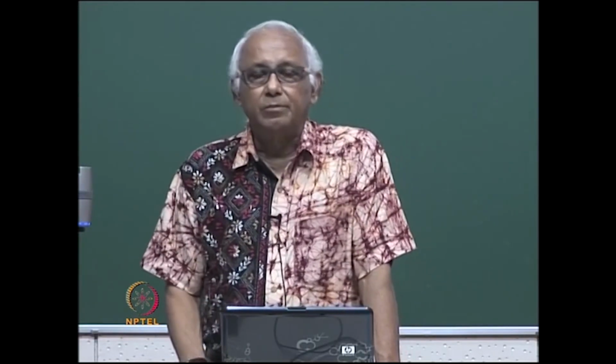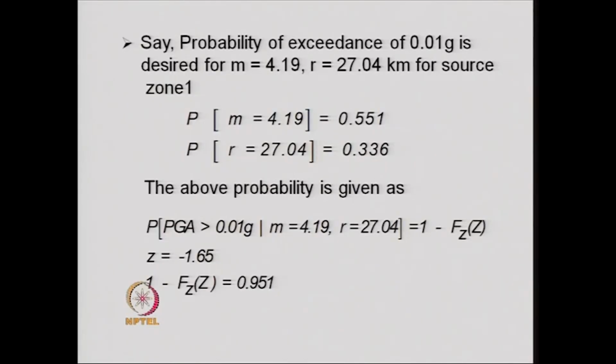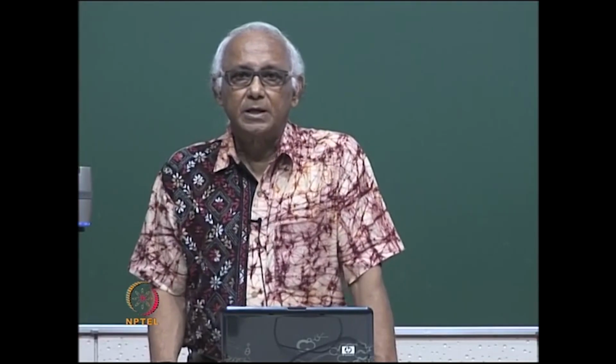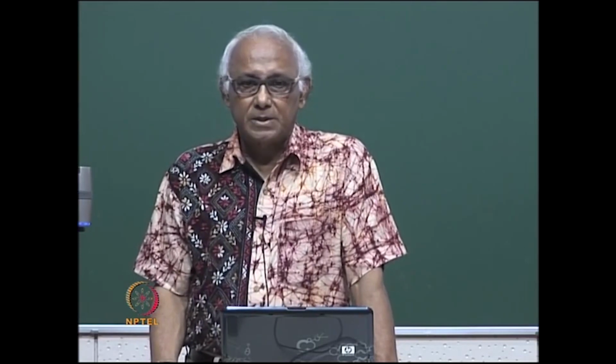And there are standard tables from where one can find out this probability function, that is F(Z), for a given value of Z. Now if we calculate the value of Z for 0.01 g, then this 0.01 g is first converted into centimeter per second square unit, because in the attenuation relationship that we have used, the PGA value is calculated with a unit of centimeter per second square.